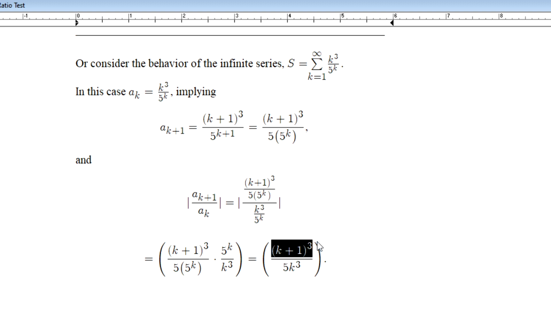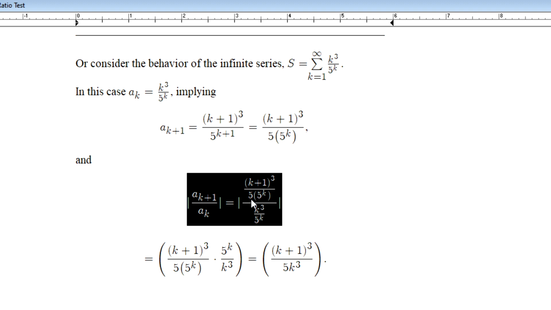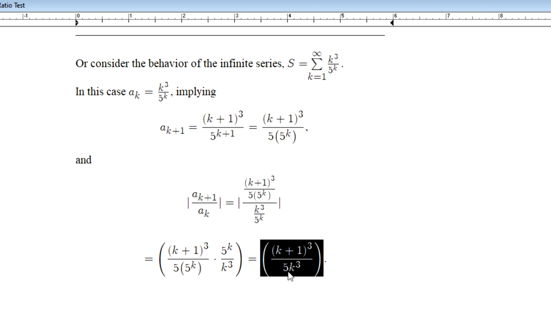Expanding k plus 1 cubed, you might consider doing that, but always keep in mind what we want to do with this is we want to apply a limit. And what we're trying to do is prepare an argument where we can apply the limit and see the result of the limit rather readily. That may not have been so easy to do here, or even more easy to do back here in this complex form. But now at this point, I think we can apply the limit rather readily.